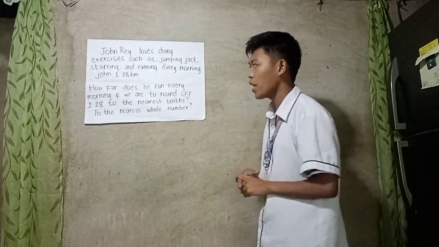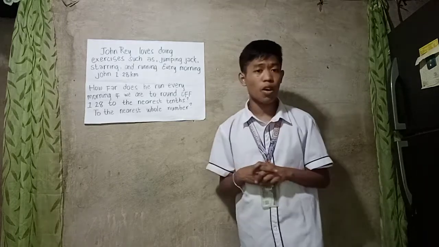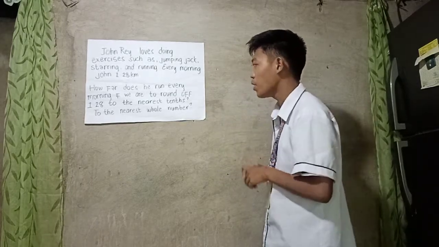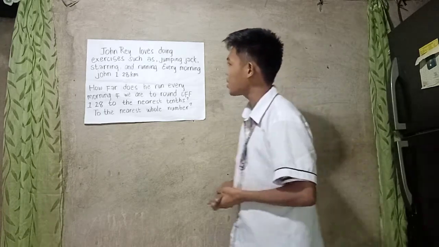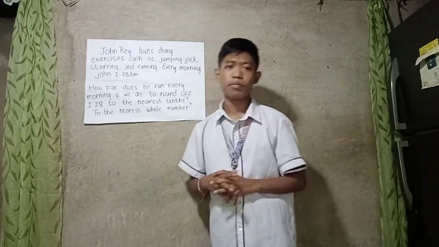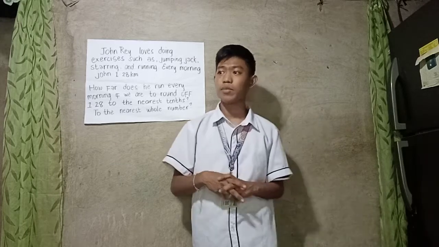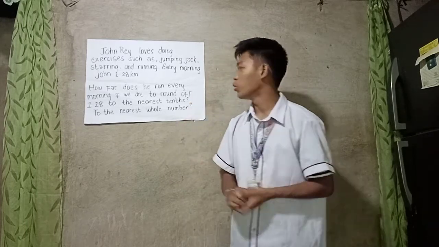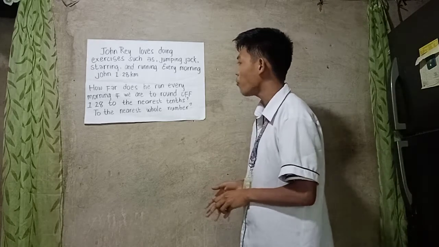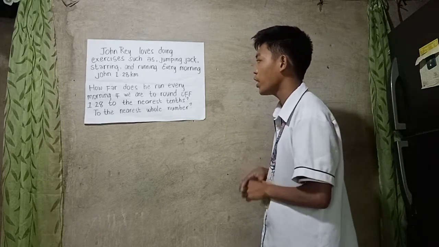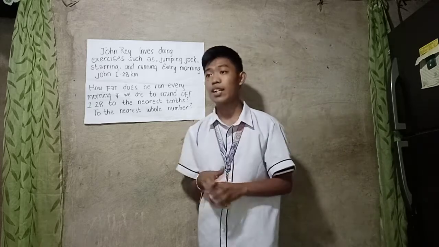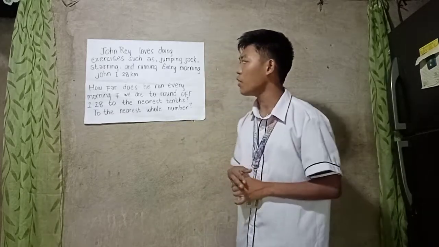How far does he run every morning if we are to round off 1.28 to the nearest tenths or to the nearest whole number? So what is asked in the problem? Yes, Mecca. Very good. How far does John Ray run every morning? That is asked in the problem. And what is the given decimal number?